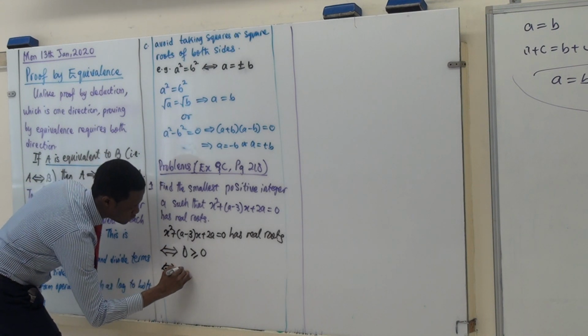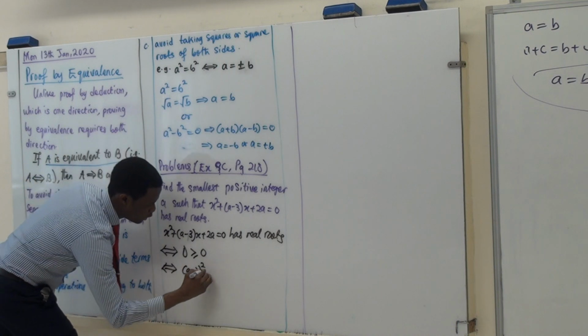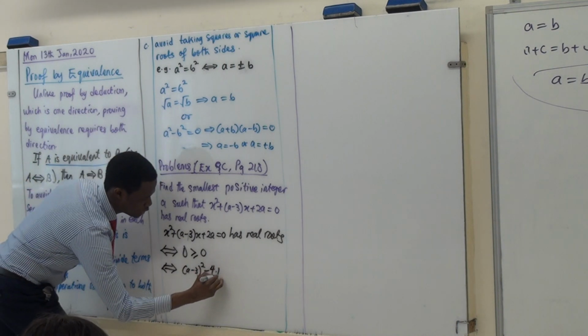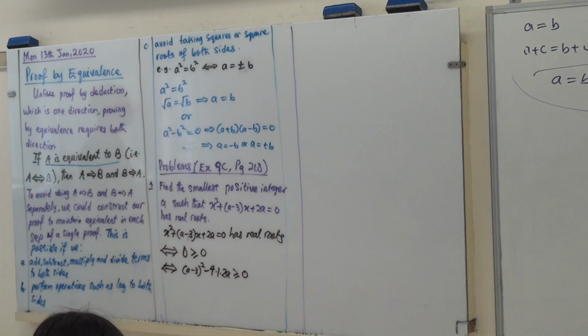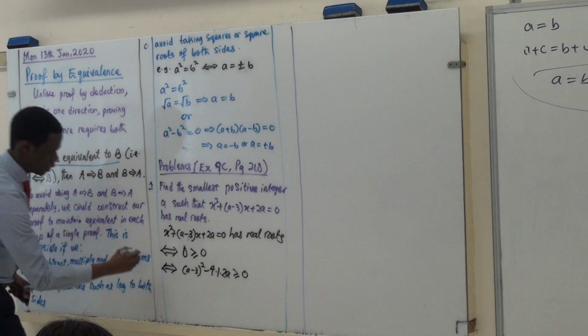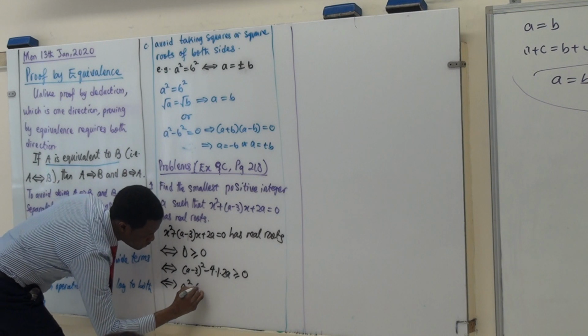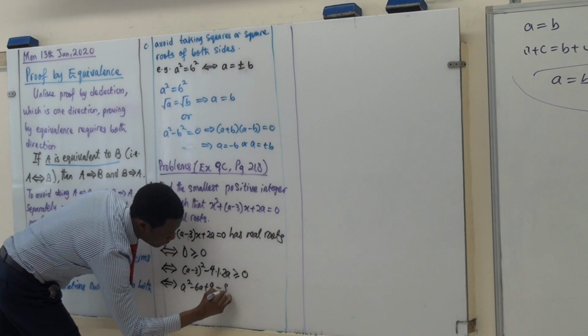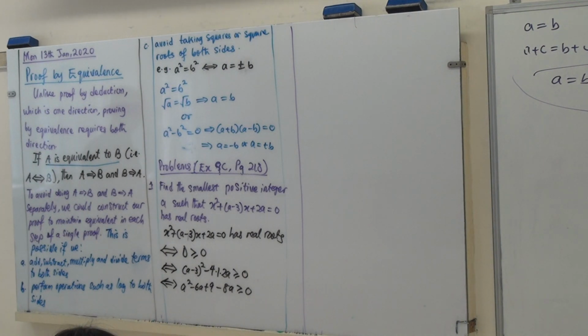And this happens, of course, if and only if b squared minus 4ac, where b squared is (a minus 3) squared, minus 4 times 1 times 2a, is greater than or equal to 0. Does this make sense? So you just proceed with the calculation. This will be a squared minus 6a plus 9, and this will be minus 8a. What does that become?